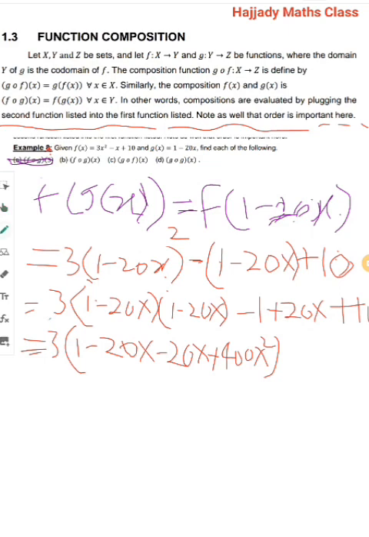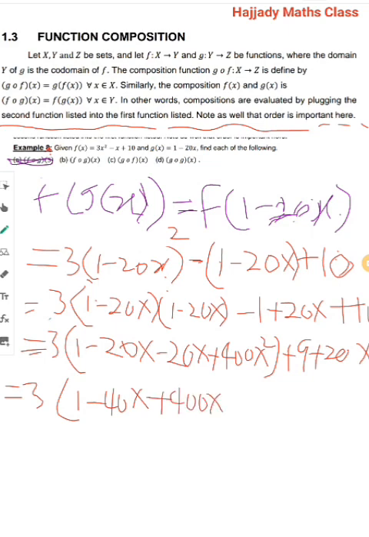So we have plus 9 plus 20x. So simplifying what is inside this bracket, we have 3 into bracket 1 minus 40x plus 400x squared plus 9 plus 20x.